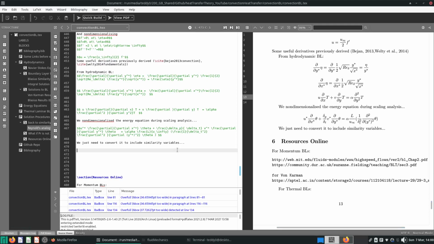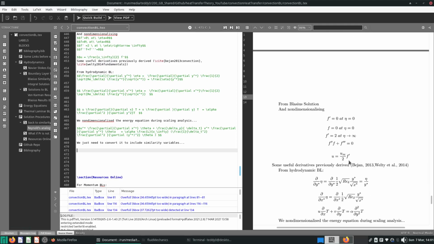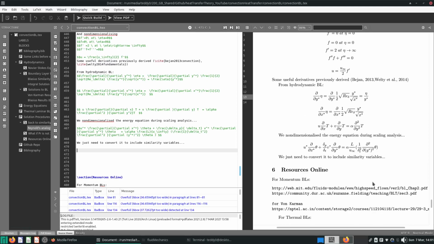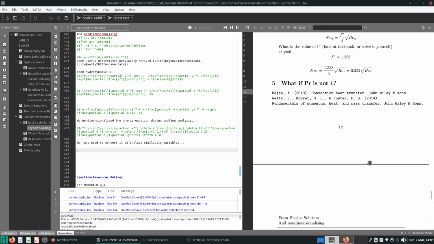Okay, so the whole idea now is we convert x and y's to include our similarity variables. And of course, u star must be u star and v star should be turned into some form of f, where f is this stream function right here. So we'll probably need to refer to what we did before.